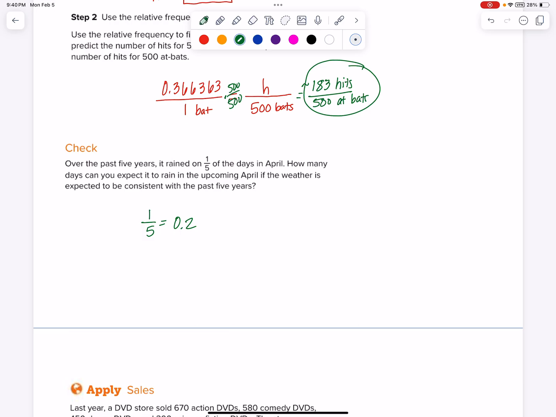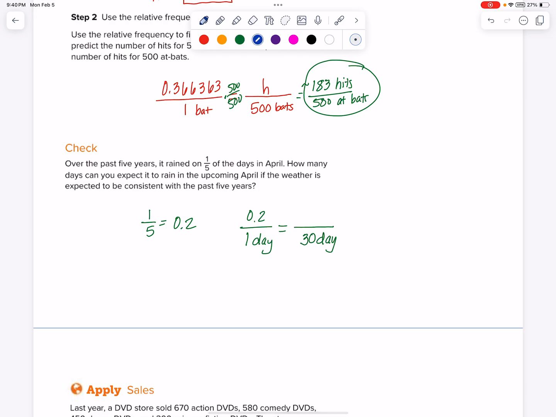You could keep that ratio, or we can say 0.2 for 1 day, and set it equal to what you want to predict. So we're using that relative frequency to help us determine a future amount. So what did we say? 30 days. How many times would we predict it to rain?